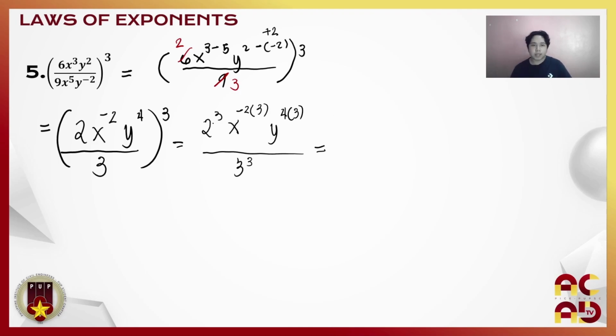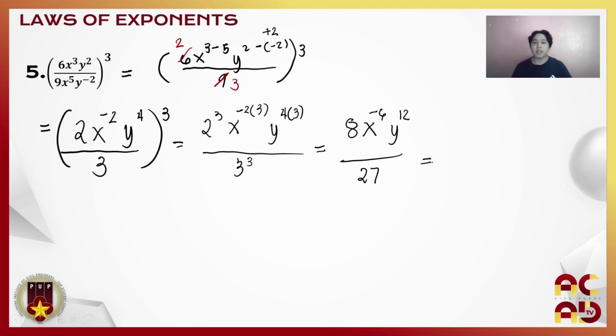So, simplify na natin. Yung 2 cube natin is equal to 8. Then, x is negative 2 times 3 is negative 6. Then, y, 4 times 3 is 12. Okay, then over, ang 3 cube natin is 27.